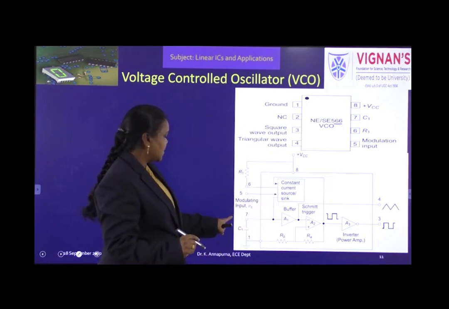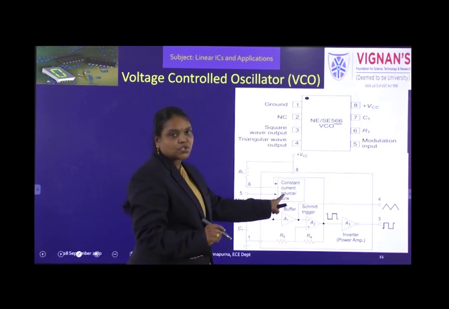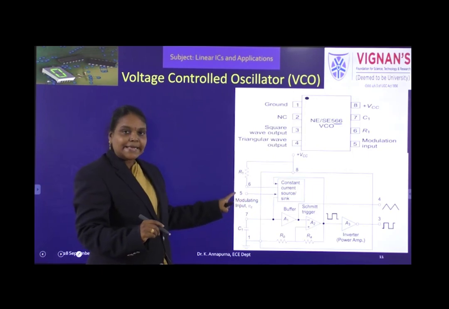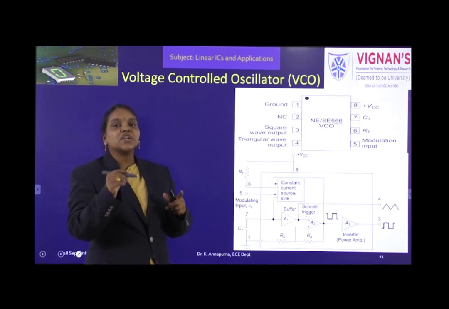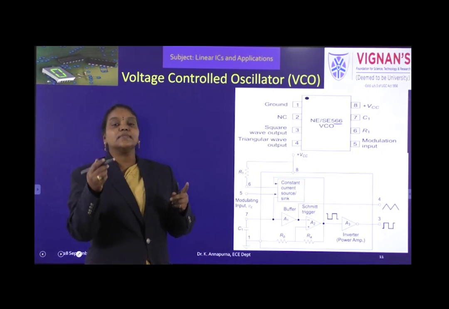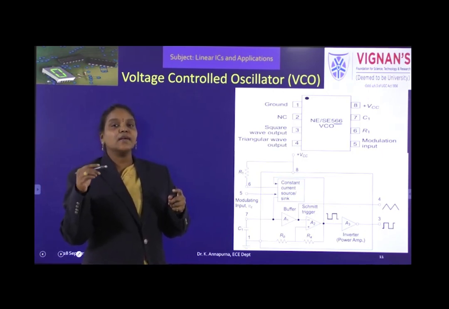Here, this capacitor is charging from a constant current source, or it is discharging through a constant current sink. When a capacitor is charging or discharging via a constant current, it will generate a triangular wave.